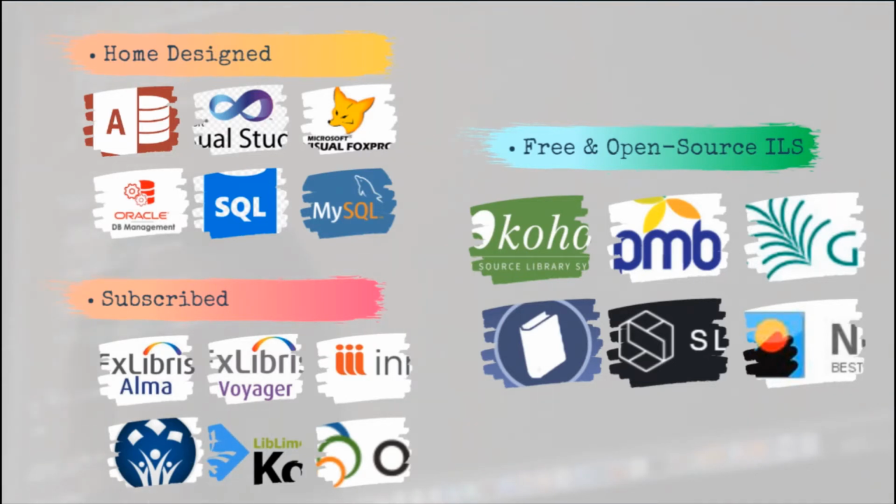III Innovative is also a ProQuest company, having Vega, Polaris, Millennium, Virtua, and similarly Symphony. Liblime Koha, OCLC WorldShare Management Services. So they are a few names actually. The market is full of subscription-based ILS.